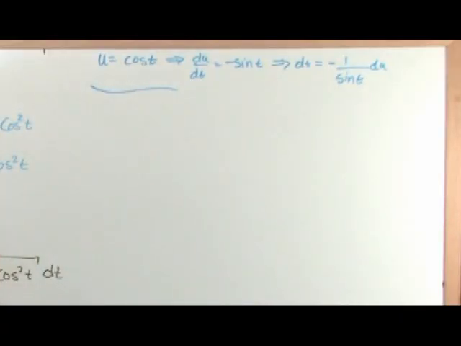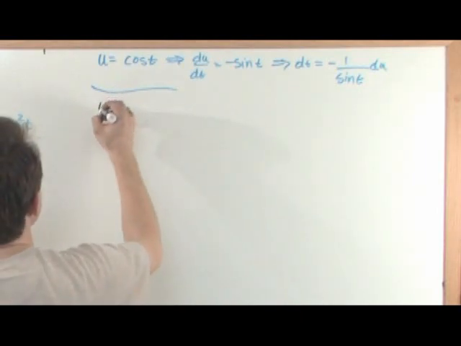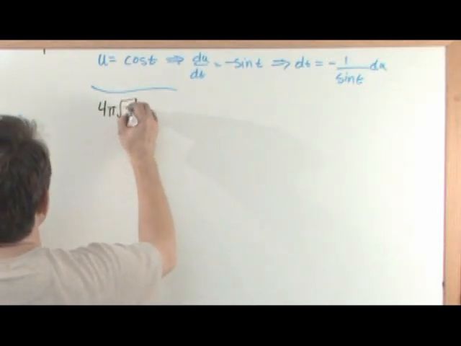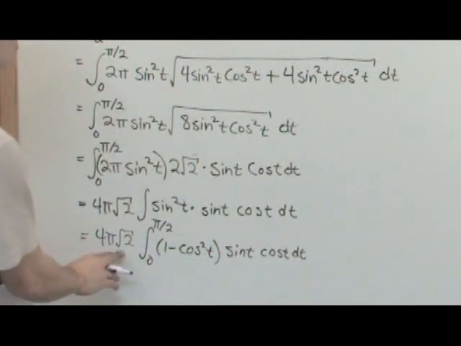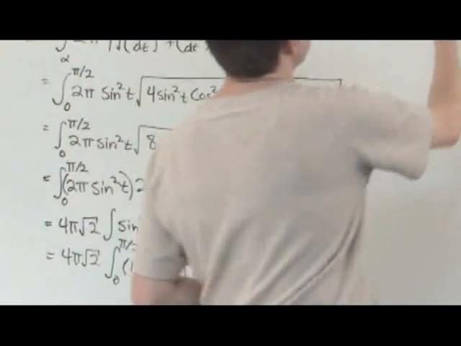I'm going to have 4 pi times the square root of 2, integral from 0 to pi over 2.